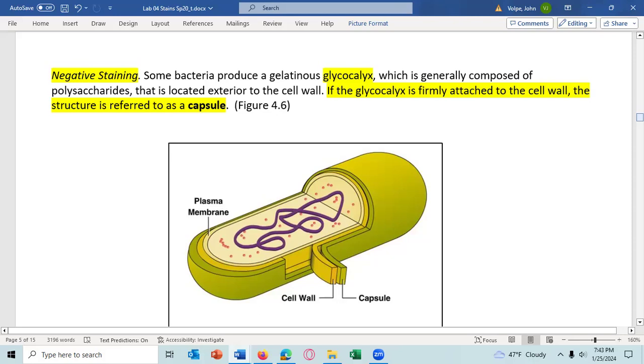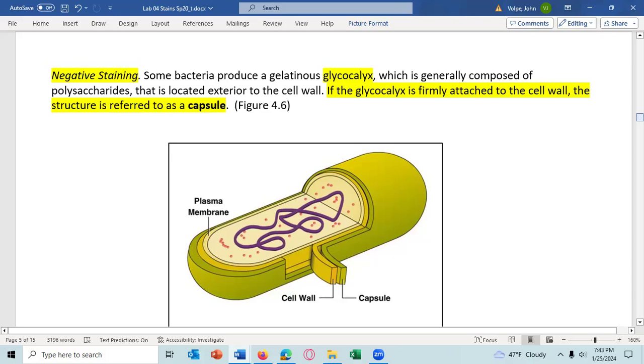This isn't listed in this slide, but we'll talk about it later, so I'm going to briefly mention the other type of glycocalyx, which is the slime layer. The slime layer cannot be seen in the light microscope. To see the slime layer, you have to prepare the slide for use by an electron microscope.